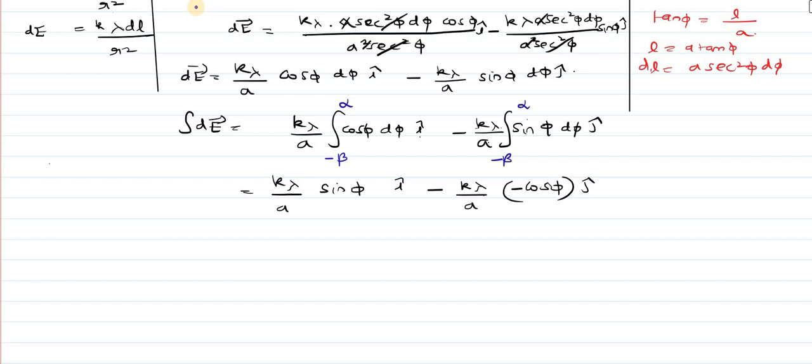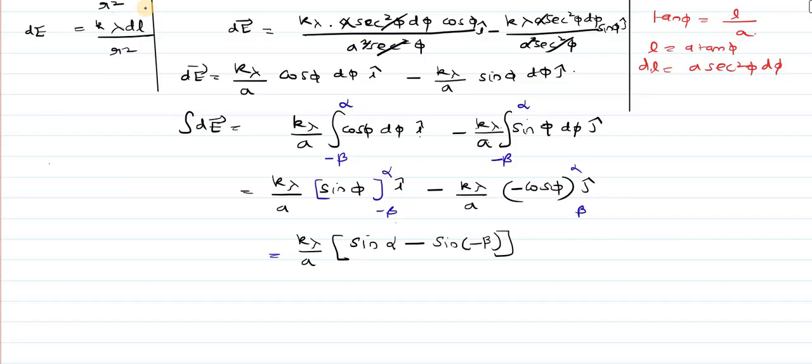Clear? While substituting, always upper limit minus lower limit, right? So here K lambda by A, I will take it outside. First limit is sin alpha minus sin of minus beta. Then K lambda by A cos phi, that is cos alpha minus cos of minus beta.